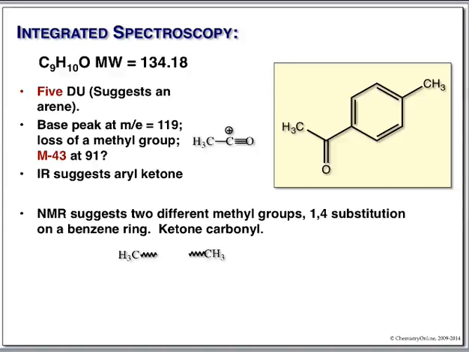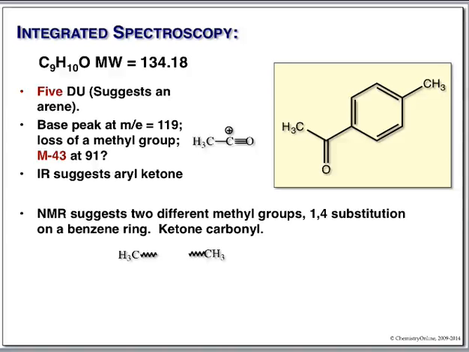This carbon and this carbon each have one hydrogen attached, so they will be doublets. But they're different. This is next to the methyl, this is next to the ketone. So one doublet, a second doublet, one singlet, a second singlet.